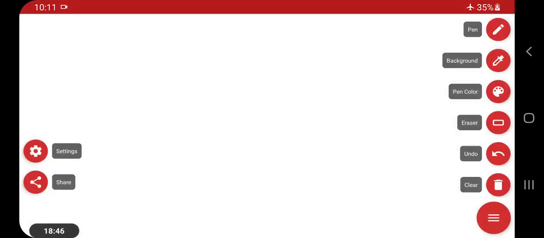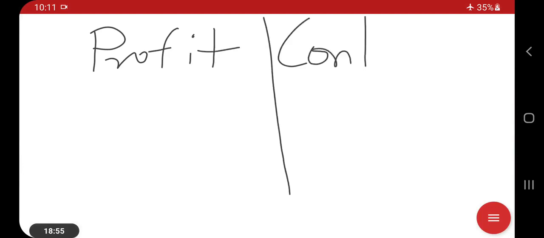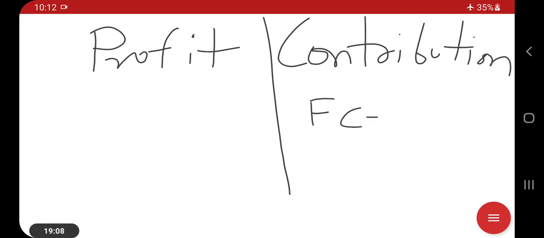In marginal costing, you are always hearing two things specifically. One is profit, and the other one is contribution. Contribution includes fixed cost plus profit. And marginal costing technique uses the concept of contribution.